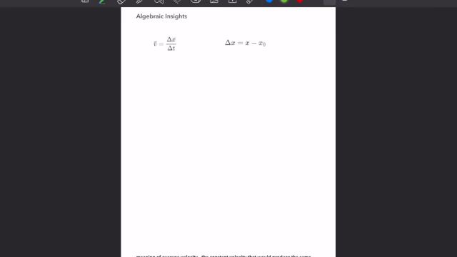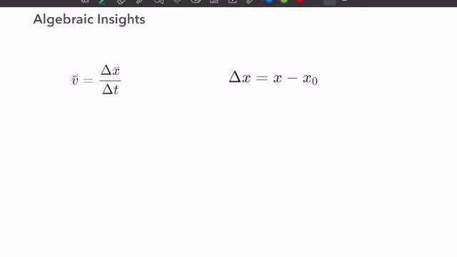Lastly, I want to do a little bit of algebra here. We have this equation. The average velocity is the displacement over the time, and the displacement is x minus x0. So let's do some substitutions here. So v equals x minus x0 all over delta t.